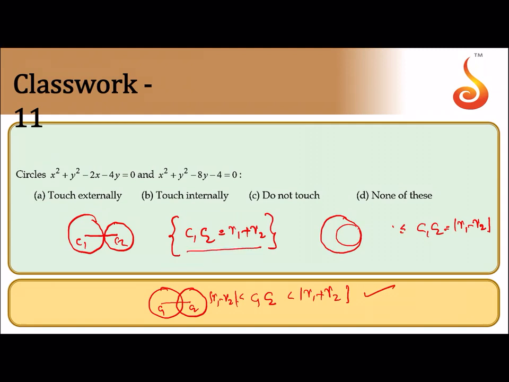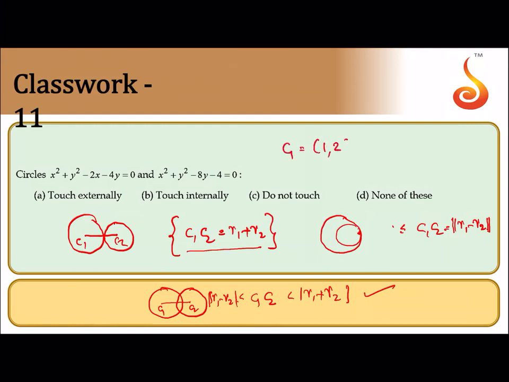It's a very important inequality. I again tell: touching externally, C1C2 is equal to R1 plus R2. Touching internally, C1C2 is equal to modulus of R1 minus R2. We don't know which is bigger, that's why we take modulus. When intersecting, C1C2 lies between modulus of R1 minus R2 and modulus of R1 plus R2.